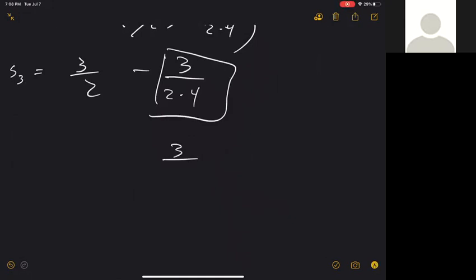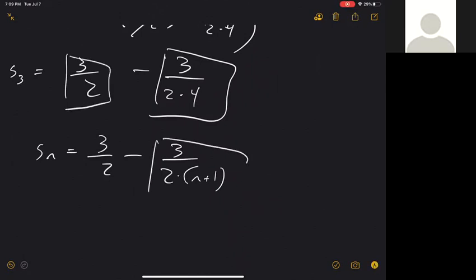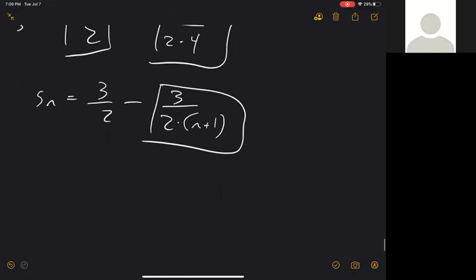If I add up the first 3 terms, it's 3 over 2 minus... Okay. So this is how I could write my sum, right? I'm always going to have this 3 over 2 at the beginning, and then I'm subtracting away this 3 over 2 times n plus 1. This term's going to 0. So my sum is going to 3 over 2.